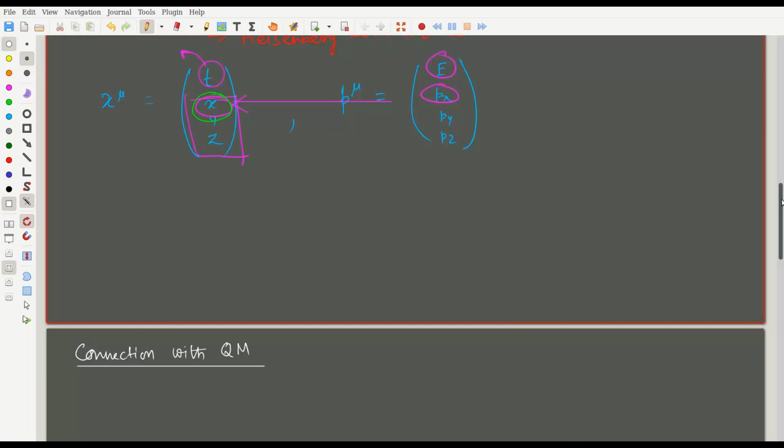There is another alternative picture. I think many of you have been reading Sakurai's book. It starts with vector space. It starts by assuming that this x and p are operators that live in that vector space, and they satisfy certain commutation relations, like x commutator p equals 1, p commutator p equals 0, and so on and so forth.